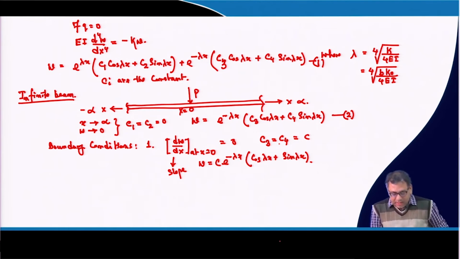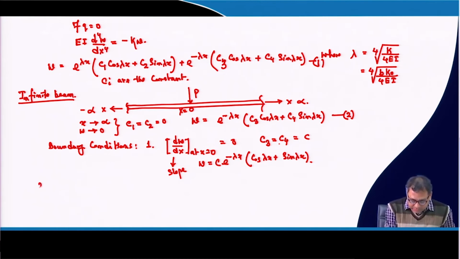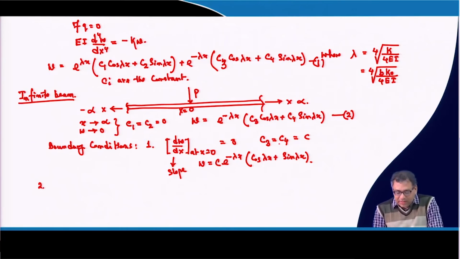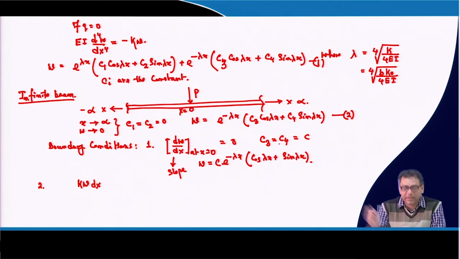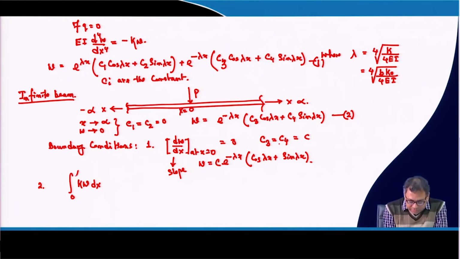Okay. Now I will apply the second boundary condition. There will be a reaction, as I mentioned, which is given by the spring, and that reaction is K into w. For a small section dx, the total reaction force is K w dx. Now we have to integrate from 0 to infinity.